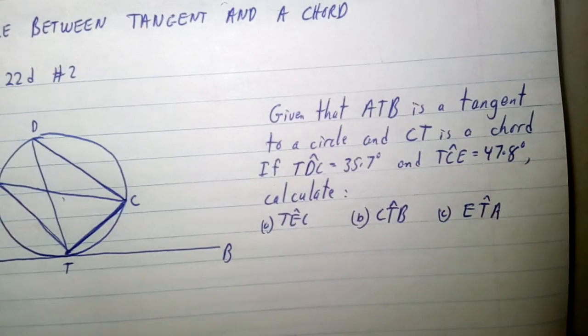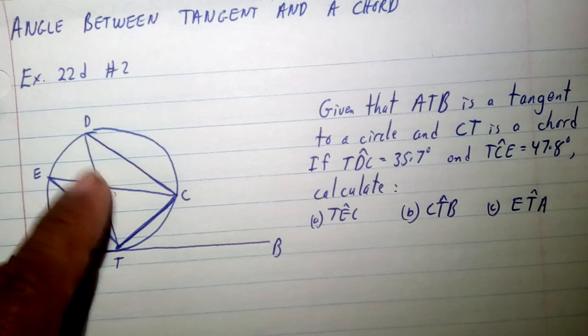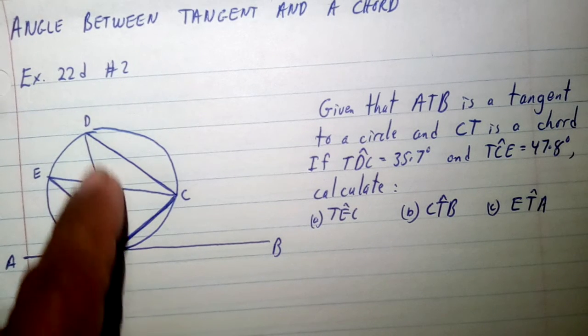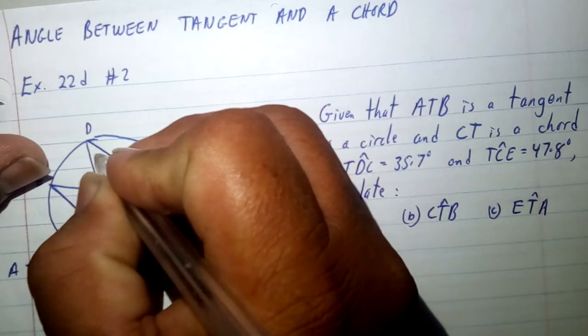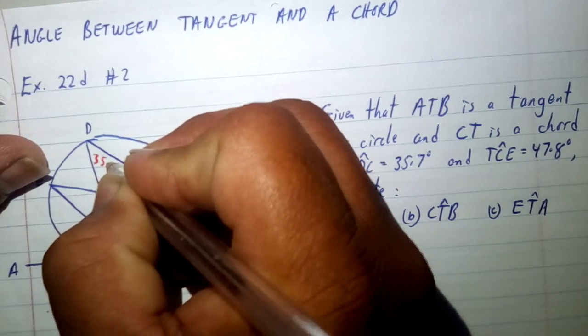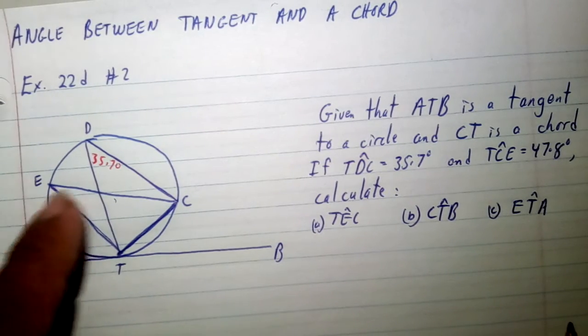If angle TDC, and I'm going to use this as red, is 35.7 degrees. Okay, that's the angle.